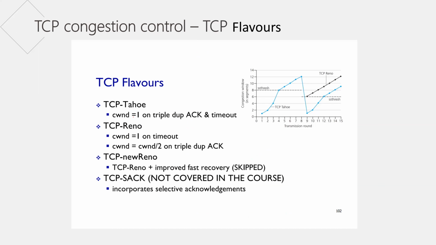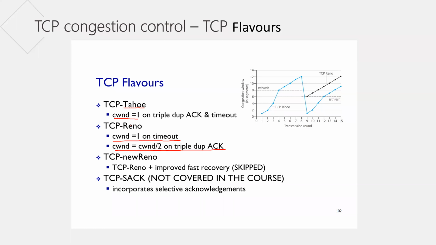Let's have a look at the algorithm. For Tahoe, we set the Cwnd equal to 1 if we find any congestion event, no matter whether fast retransmit or timeout; we go back to a window size of 1. And for Reno, it really depends. If a timeout happened, we go back to 1 and start from 1. But if it's just a packet loss, we divide our window size by 2.